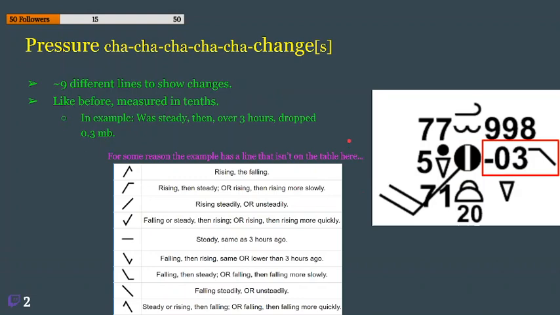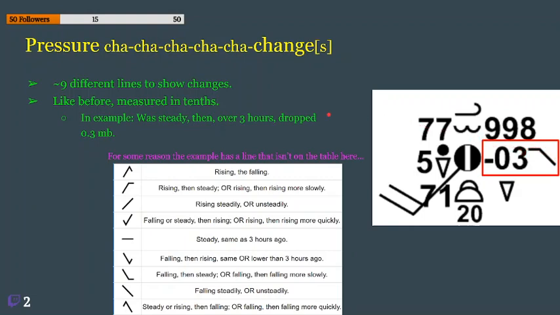One of the last ones here is pressure changes. So there are anywhere from 8 to 9 of these different lines to show pressure change. And this is on the right-hand side of the number, this line right here.